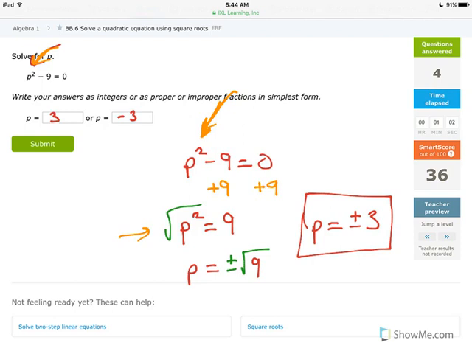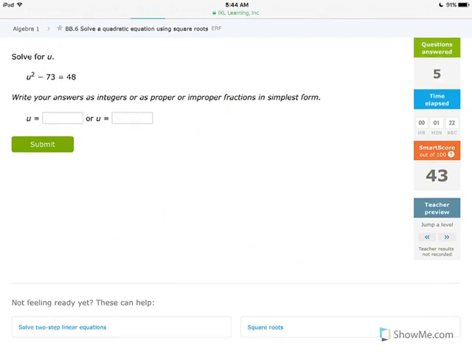And let's go look at another one. Same idea here. The u squared is not by itself yet. So we need to add 73 to both sides. So that's going to get u squared by itself.